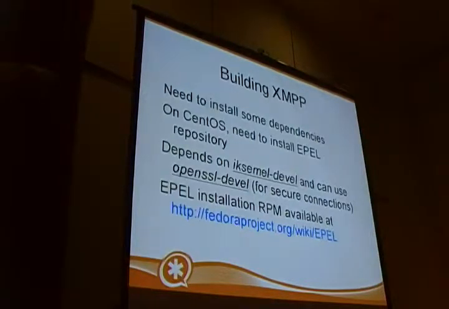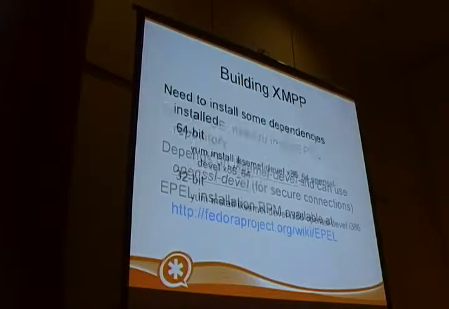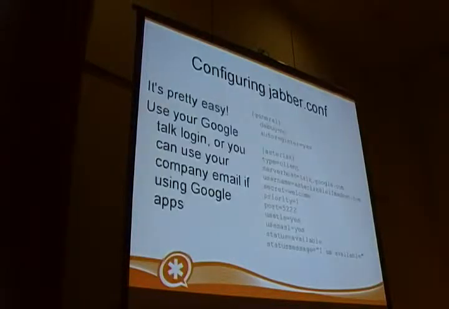So again, we have to use the EPEL repository, install some dependencies, and then we can build Asterisk with this information. So I found it actually pretty easy to get connected to my Jabber connection, which is just using my Google Talk connection. So automatically register, yes, which means register on Asterisk startup.